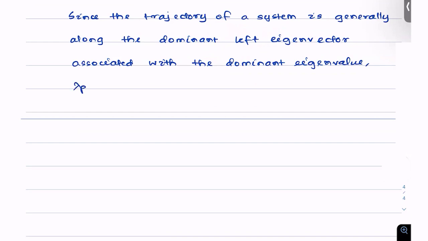Lambda p, the subscript p here arises from Perron itself.